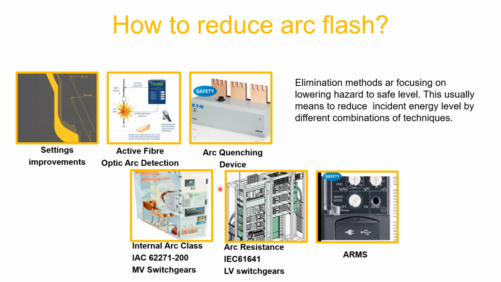On medium voltage, 99 out of 100 panels will be internal arc classified, there is no problem. But on the low voltage side there will be 1 in 100 arc resistant. It's a very nice thing to have, but if you do any maintenance, if you work on the equipment and open something, then generally you don't have this arc classification anymore.